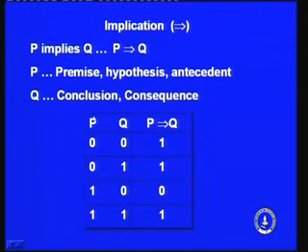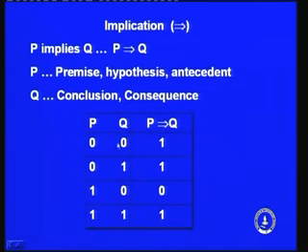So, in this case, P is called the premise, hypothesis or antecedent, and Q is called the conclusion or consequence. And what is the truth table for P implies Q? You have 0 0, 0 1, 1 0, 1 1.